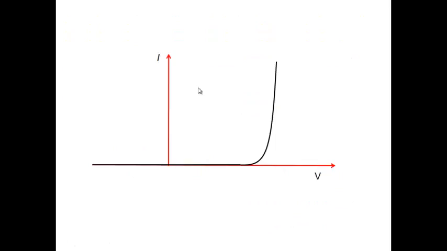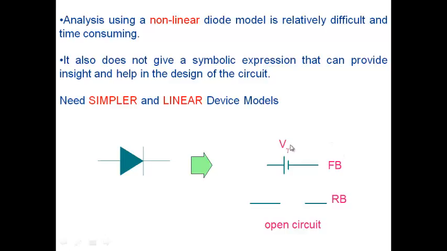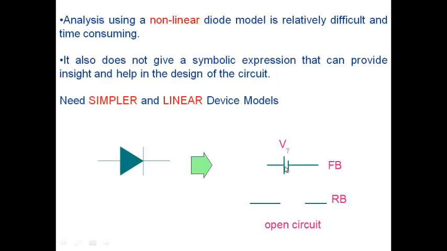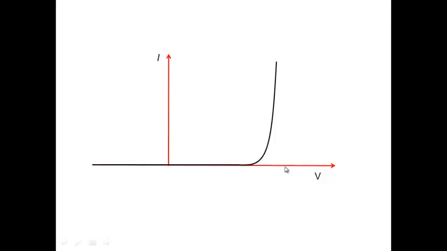Now, if you read about it, there are a little bit of misunderstandings associated with this V gamma. Okay, what are we doing actually? When we approximate the diode by a voltage like this V gamma, what is it that we are doing here? If you look at this diode in forward bias, it's an exponential characteristic here.